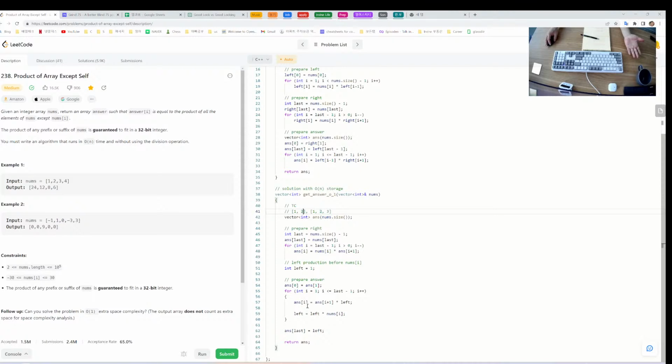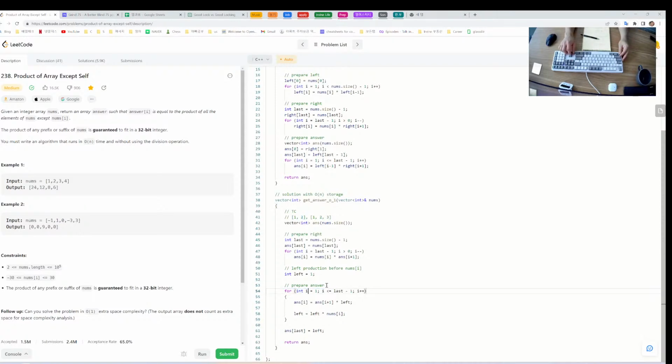Initially is 1. So answer 1 is answer 2 multiplied by... We are answer 1. We are doing this one, right? I don't think we need this. Do this like this. It's kind of confusing.